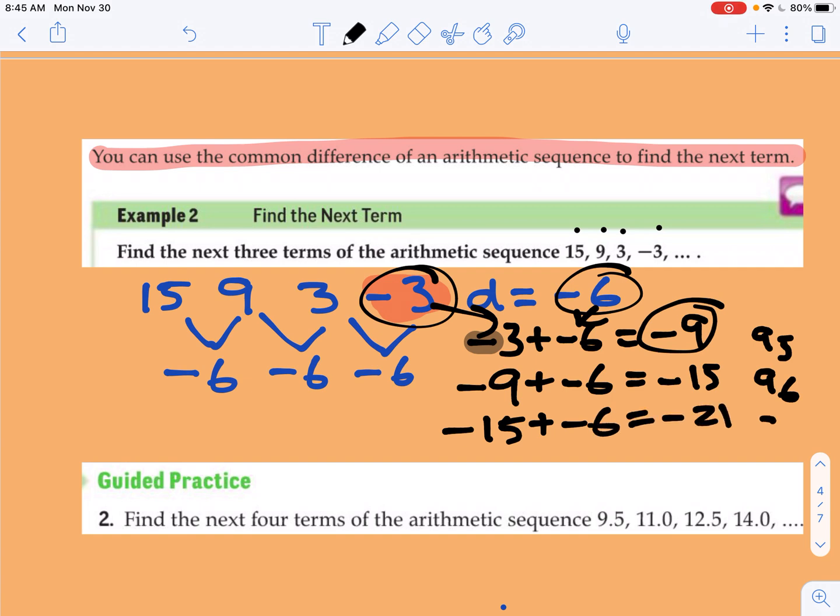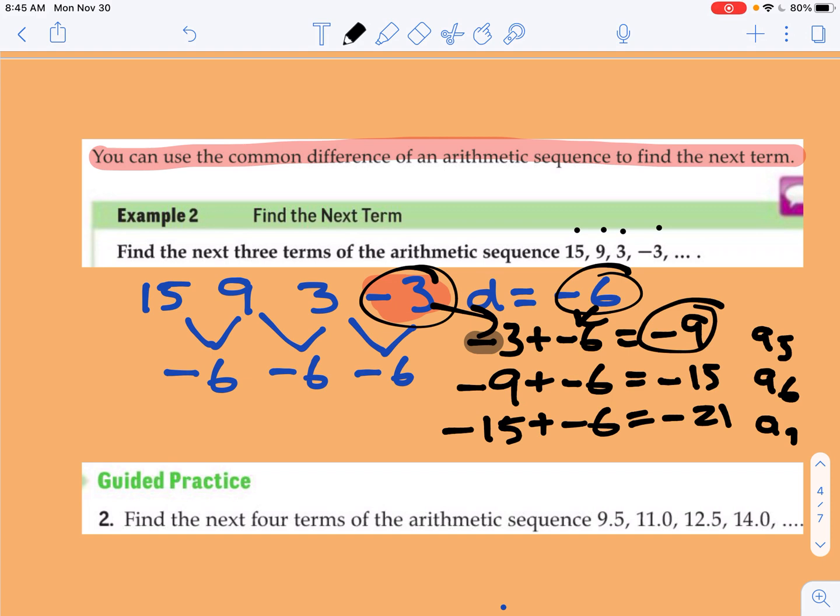So this is how you would get your next 3 terms: negative 9, negative 15, negative 21. And if you continued that, you'd get negative 27, negative 33, negative 39. You can see that it's pretty easy to use this to find the next terms and just move forward that way. So why don't you pause the video and try the next problem here, this guided practice problem.